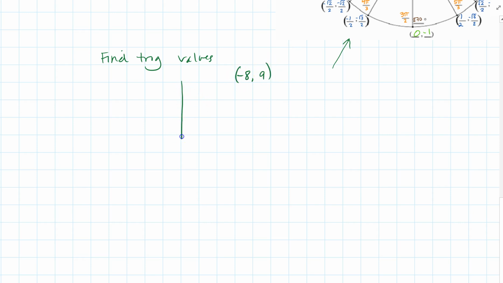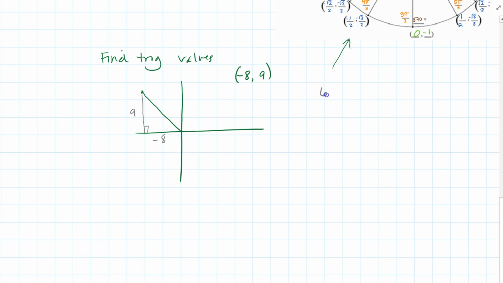Okay, so step 1 is to graph it. And negative 8 goes down here, and 9 is here. So that means you create your triangle. This is negative 8, and this is 9. You're going to have to find that third side. You've got to find it using the Pythagorean theorem.